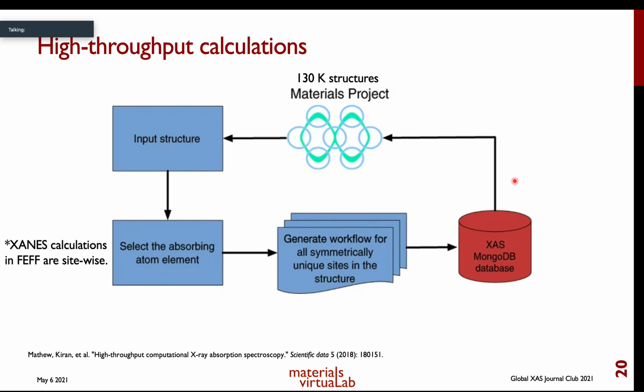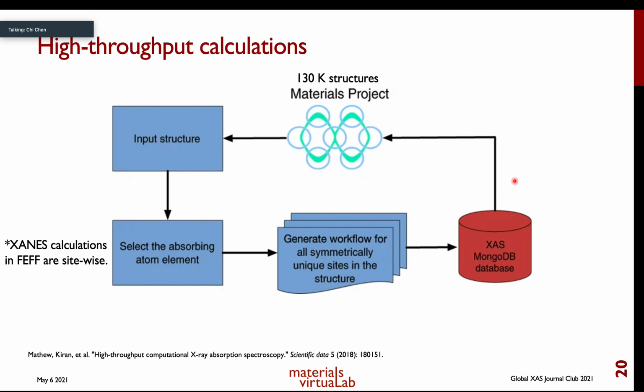Okay, great. So this is just a summary of what we actually did in the final publication for generating the database. We start from the Materials Project, which by that time had more than 130,000 structures. For each structure, we select the absorbing elements and then calculate the XANES spectrum for each symmetrically unique site in the structure.